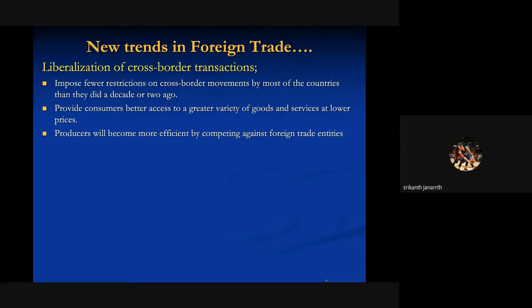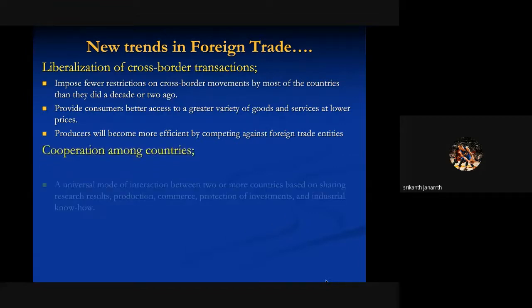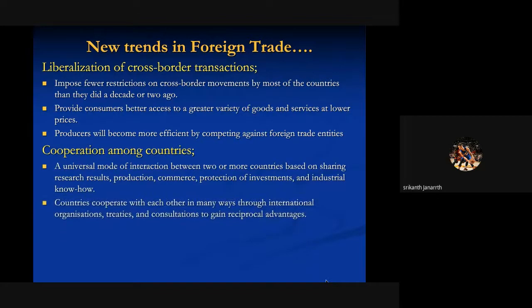Rather than manufacturing here, it might be expensive because we don't have the raw material to manufacture these cheaper goods. That is where China is dominating. So that is cross border. Cooperation among countries: these countries have restrictions, but you permit other developing countries to come into the market by removing restrictions, giving concessions, opening the door for them.